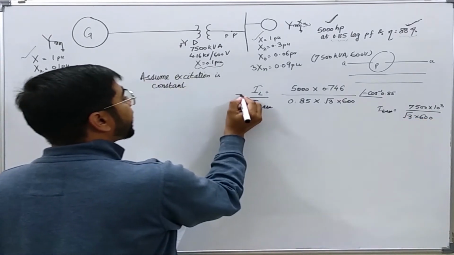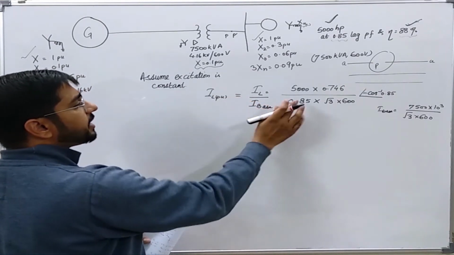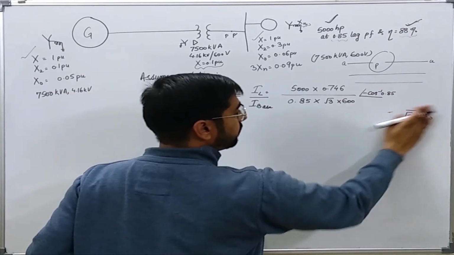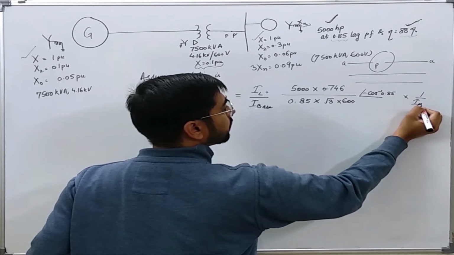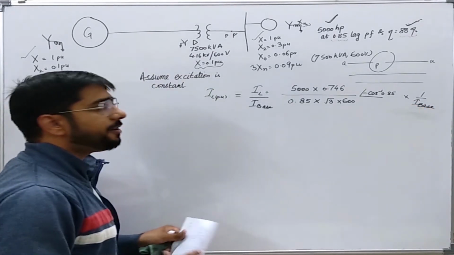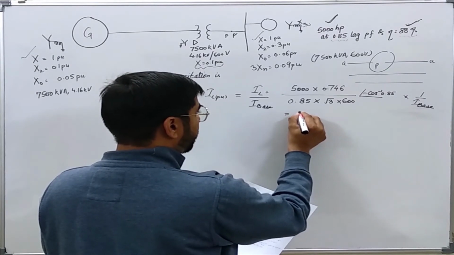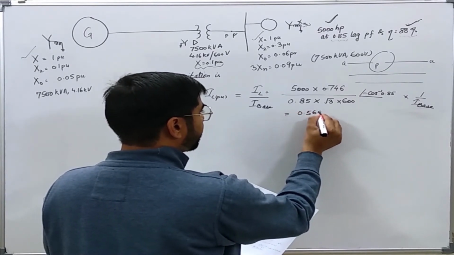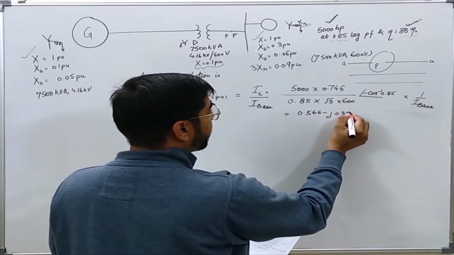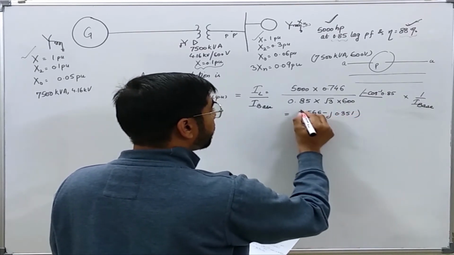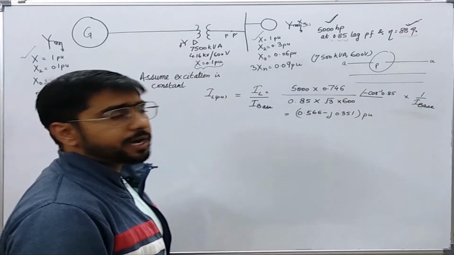So I can find the load current in per unit using this equation, and I already found it, and it comes out to be 0.566 minus j0.351 per unit. So this is the load current.